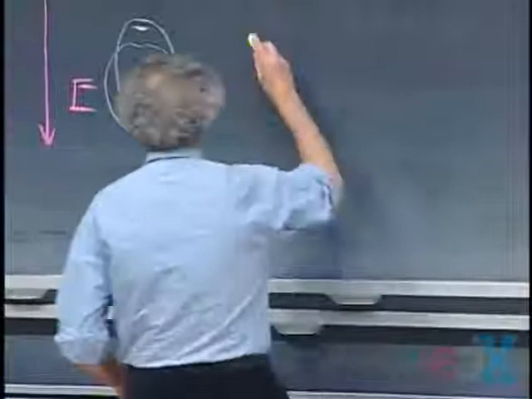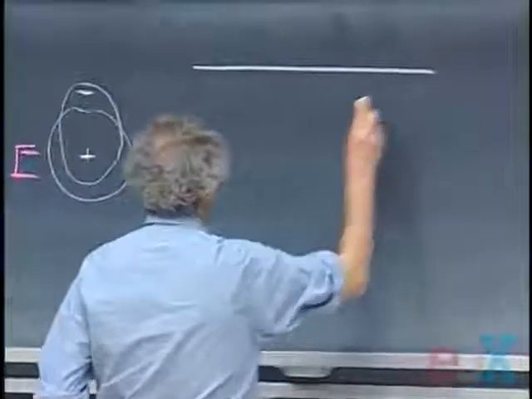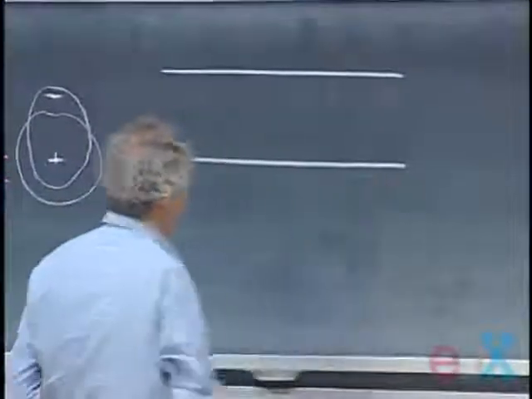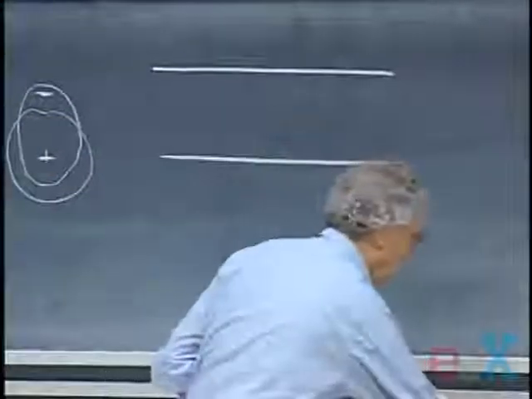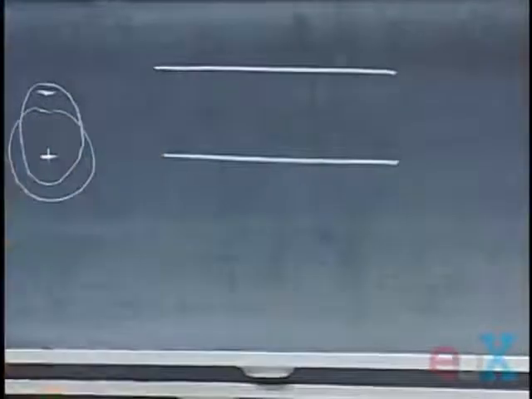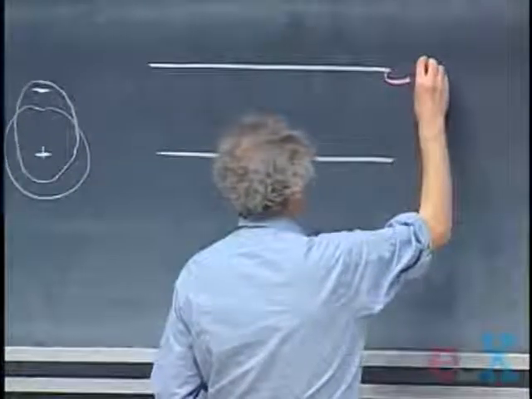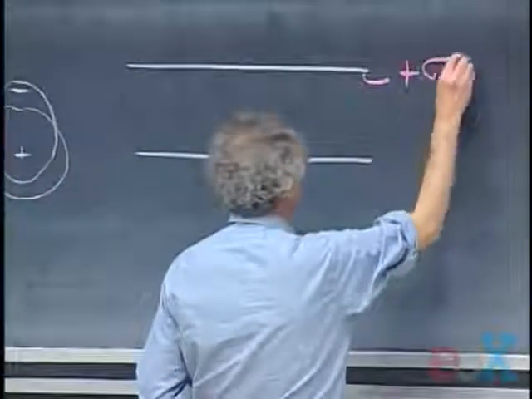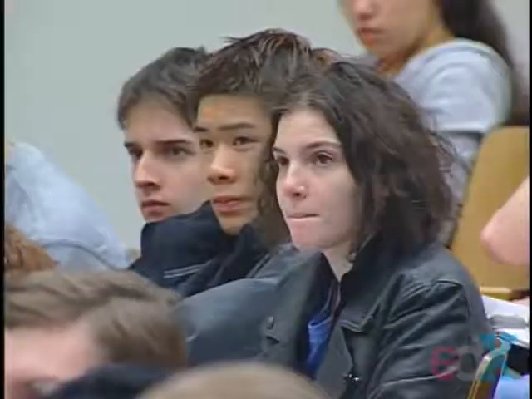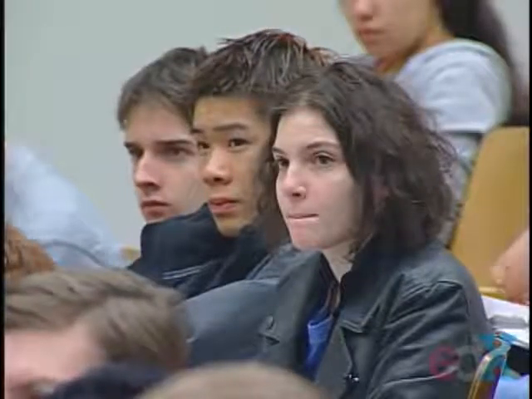Suppose we have a plane capacitor, two planes which I charge with a certain potential, and I have on here, say, a charge plus sigma, and here I have a charge minus sigma. I'm going to call this free.